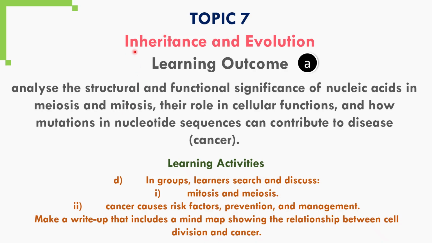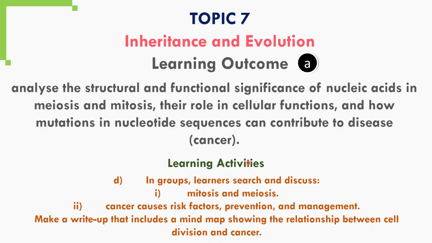I welcome you to Inheritance and Evolution, Topic 7, our learning outcome: structure and functional significance of nucleic acid in meiosis and mitosis, their role in cellular function, and how mutation in nucleotide sequences can contribute to disease like cancer.